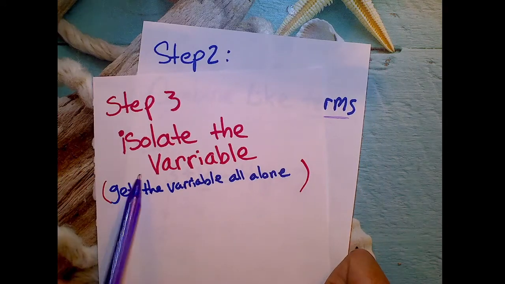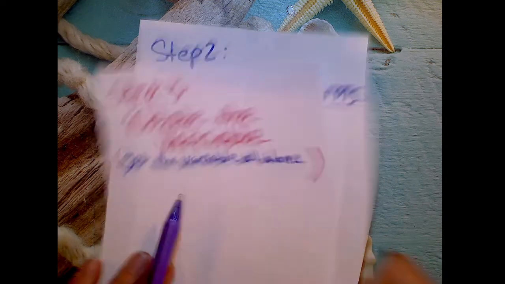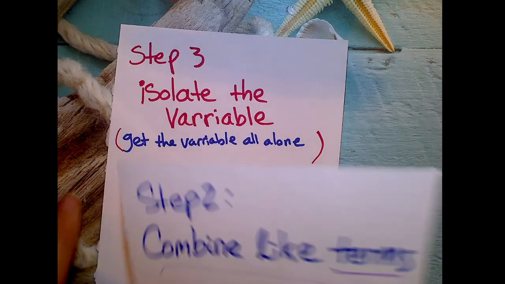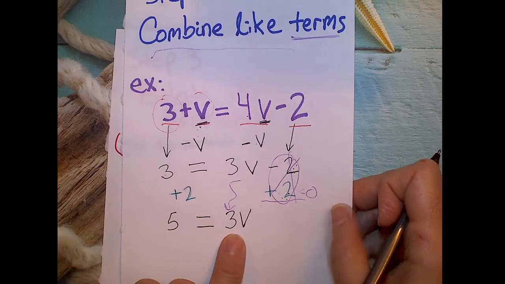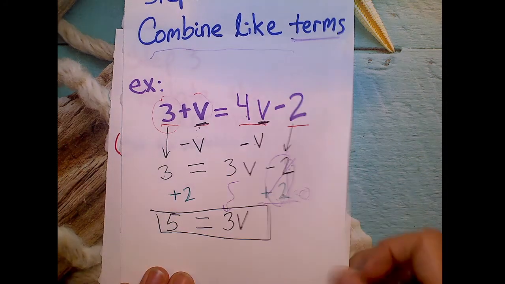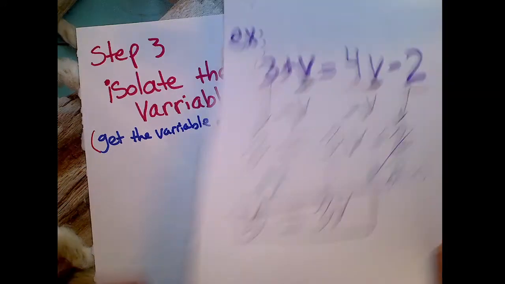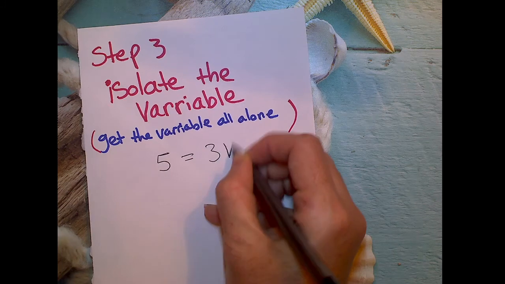And then step 3 is to isolate the variable. And that means get the variable all alone. So here I have 5 equals 3v. Now let's isolate the variable. Remember, that means get the variable all alone. I'm just going to rewrite what I have.